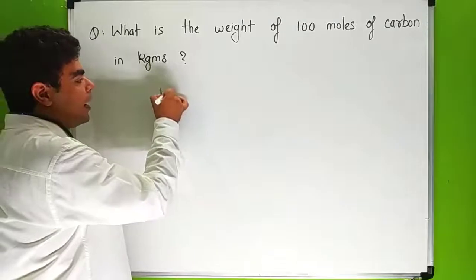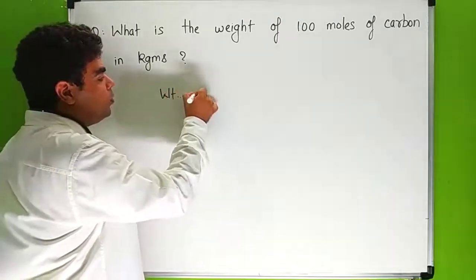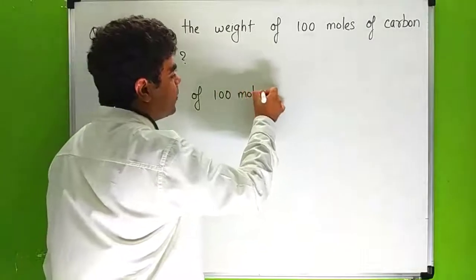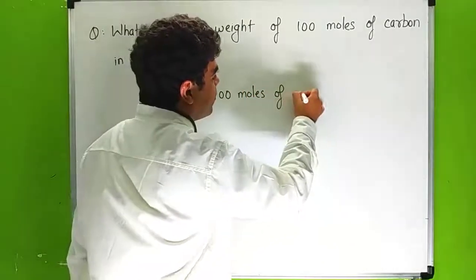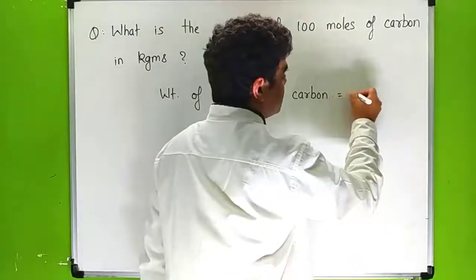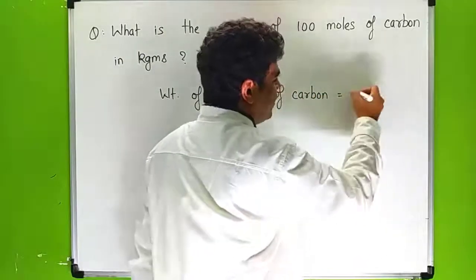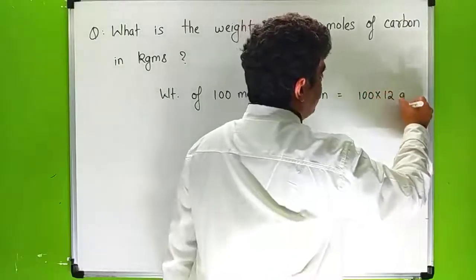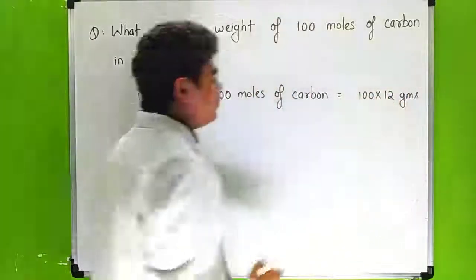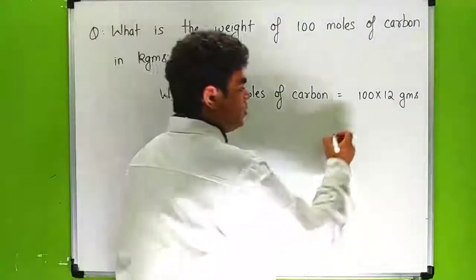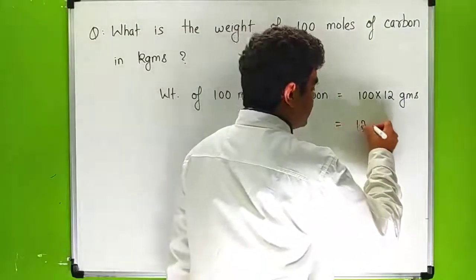Therefore, weight of 100 moles of carbon will be 12 into 100 grams, or I could say 100 into 12 grams. This is the weight of 100 moles of carbon, which comes out to be 1200 grams.